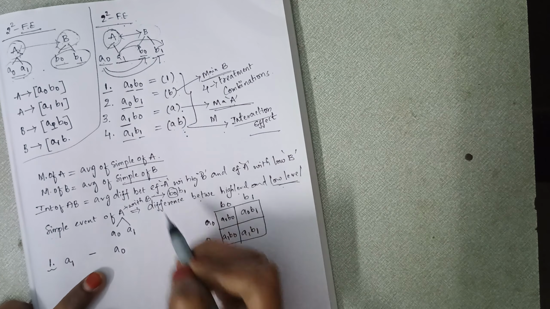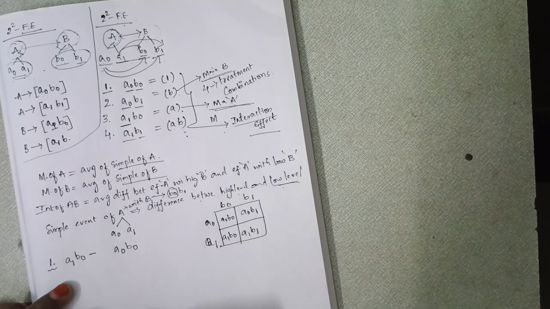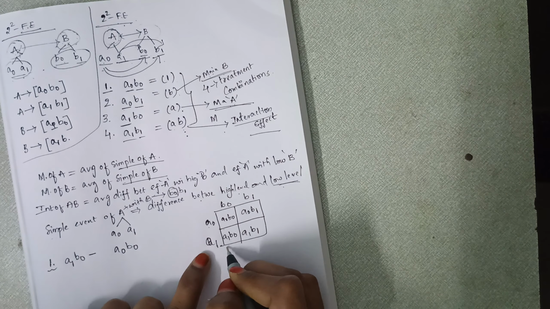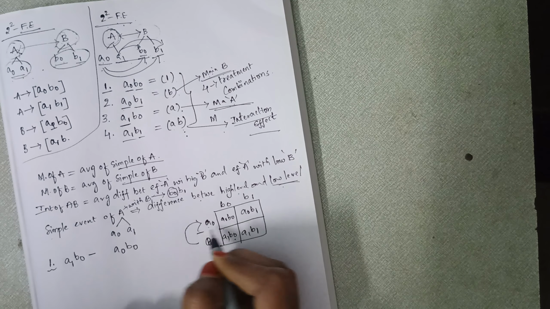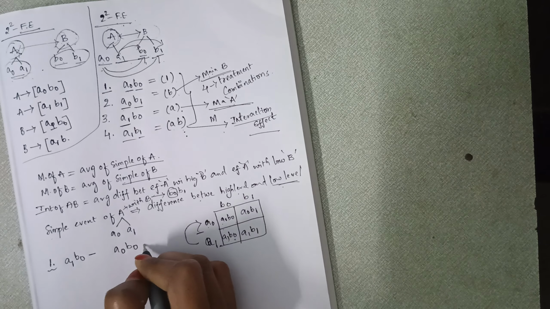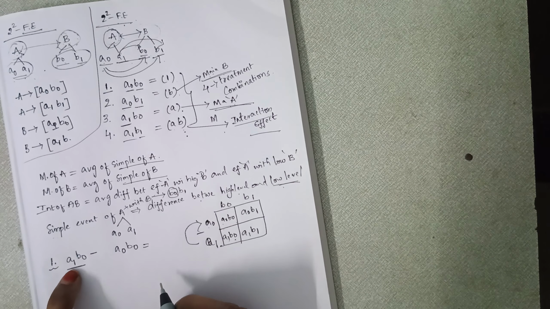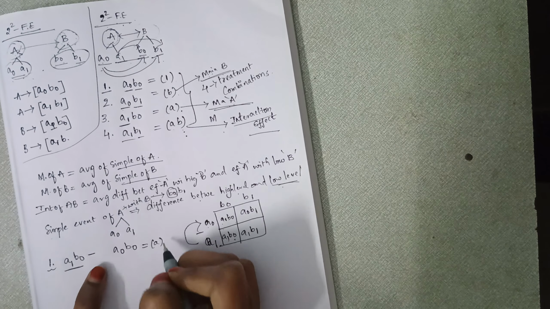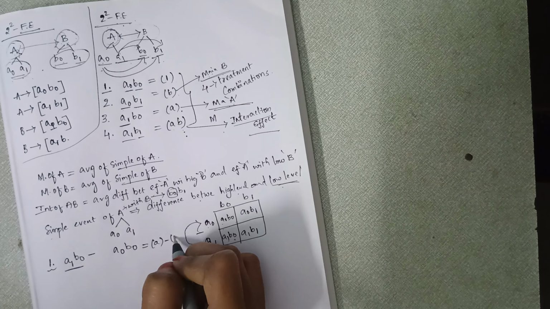So first let us take B0. Simply A1 B0 minus A0 B0, which is equal to, the high levels only we mentioned. So the high level is A here. So A minus A0 B0, both are low levels. So we will write it as 1.